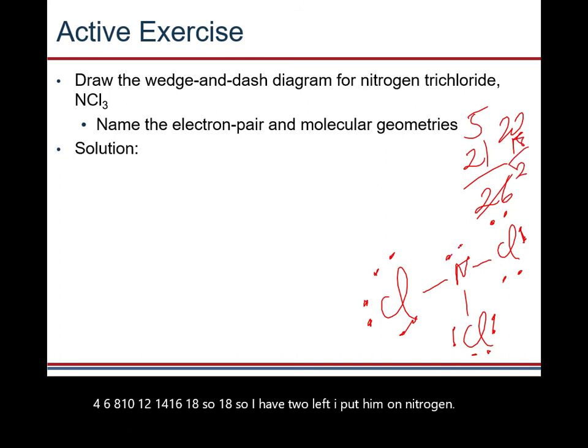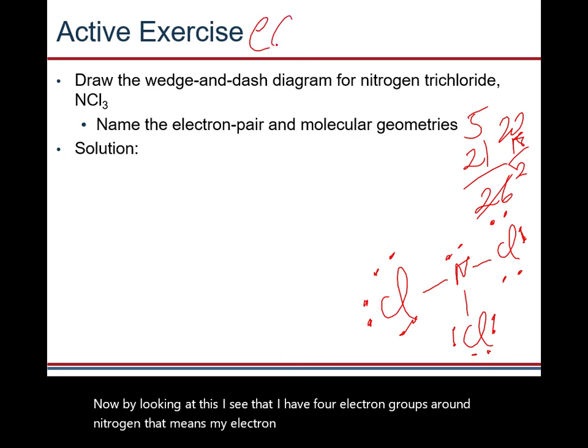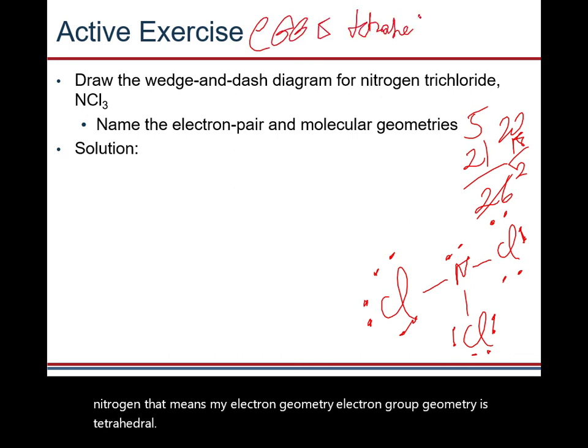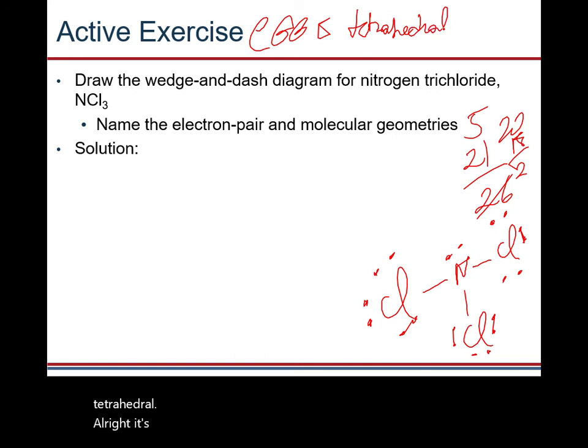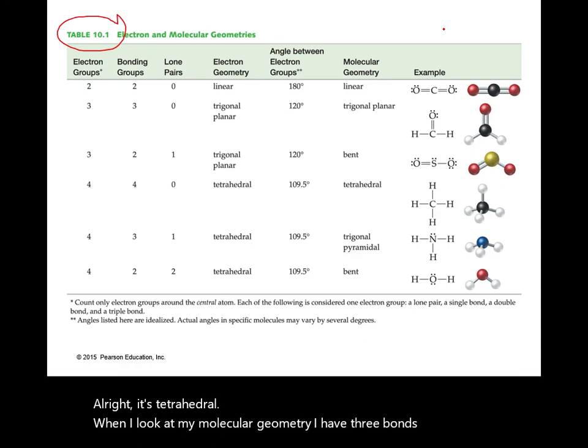Now by looking at this, I see that I have 4 electron groups around nitrogen. That means my electron group geometry is tetrahedral. All right, it's tetrahedral. Then, when I look at my molecular geometry, I have 3 bonds and 1 lone pair.